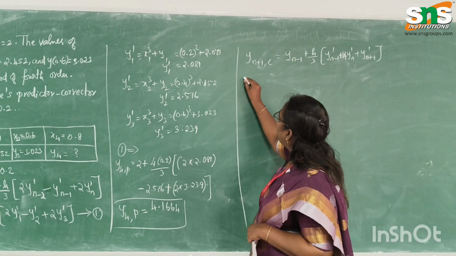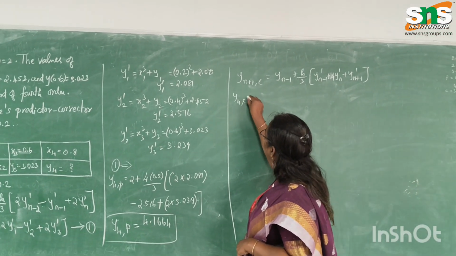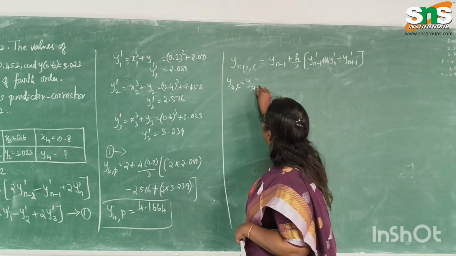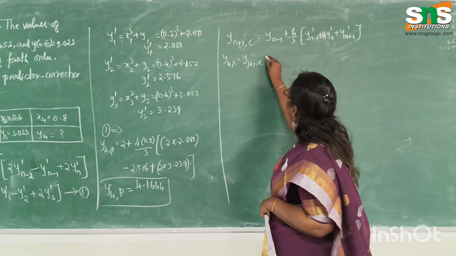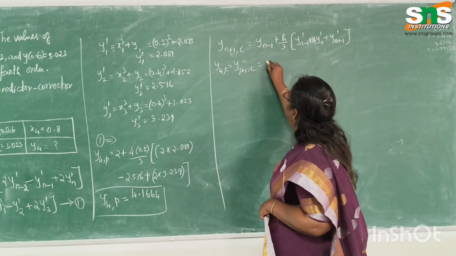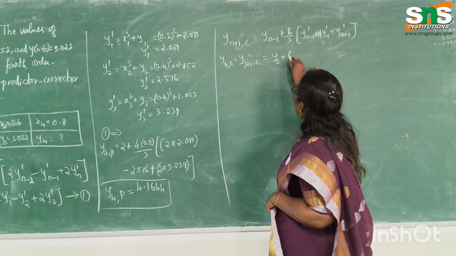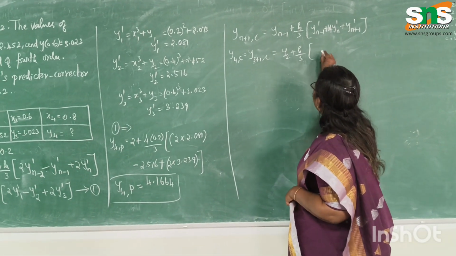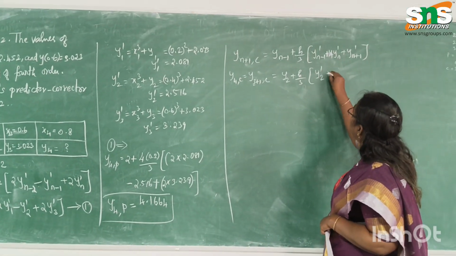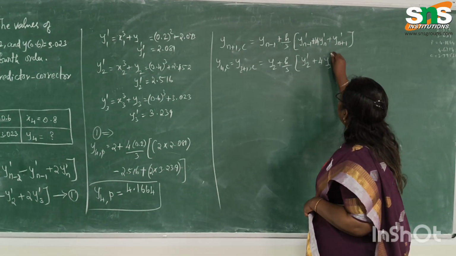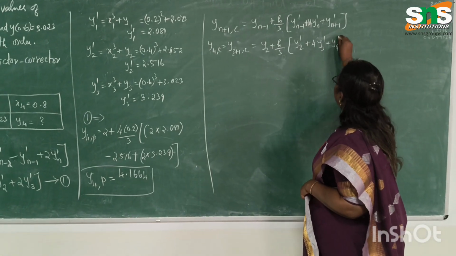Now we can replace by this. We need y4 comma c, so y3 plus 1 comma c. Here the n value is 3. You can replace that value: n minus 1, that is 3 minus 1, is 2, so y2 plus h divided by 3 in bracket, y2 dash plus 4 y3 dash plus y4 dash.